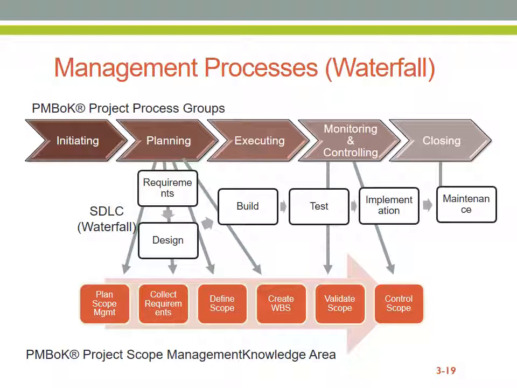We can also see how they are aligned with requirements and design of the SDLC, specifically in a waterfall alignment here, and how scope validation is aligned with the test stage of the software development lifecycle, and of course controlling the scope is aligned with any of these phases through the implementation stage.